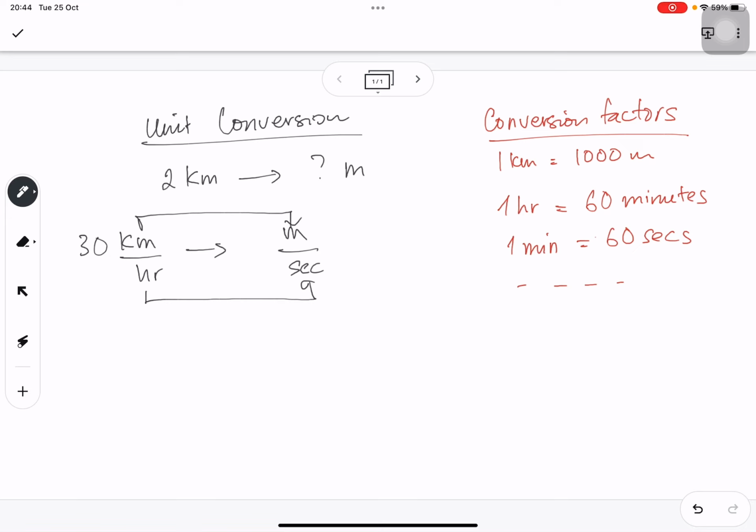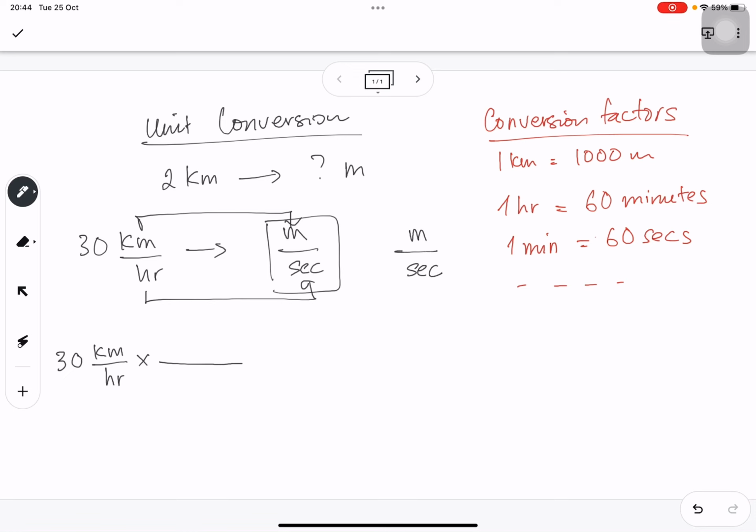So how are we doing this? Let's start with the given information: we have 30 kilometers per hour, okay? And this is what you are looking for: your final answer should be in meters per second, right?